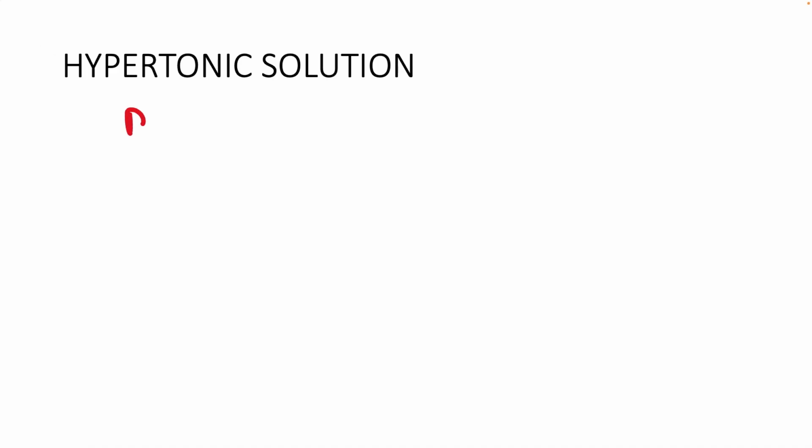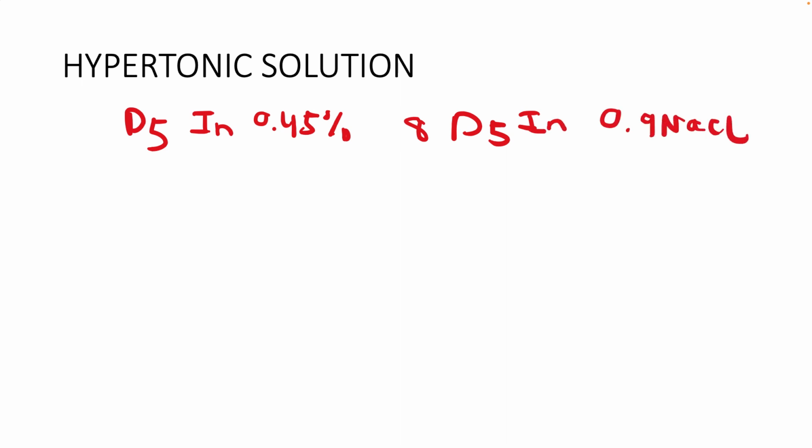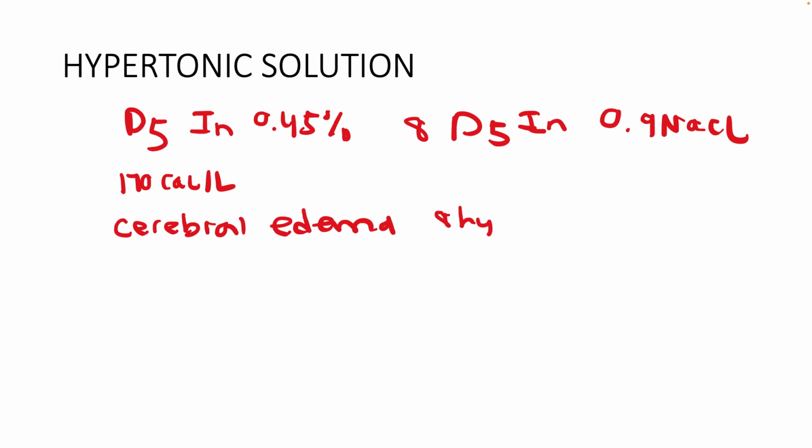So another one is D5 in 0.45% sodium chloride, and D5 in 0.9% sodium chloride. Both of these solutions contain 170 calories per liter, and they're both used for the treatment of cerebral edema and hyponatremia.